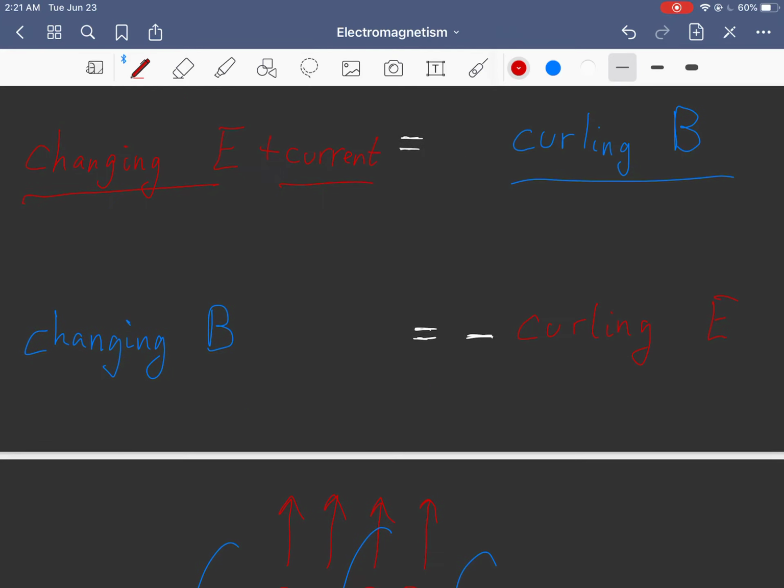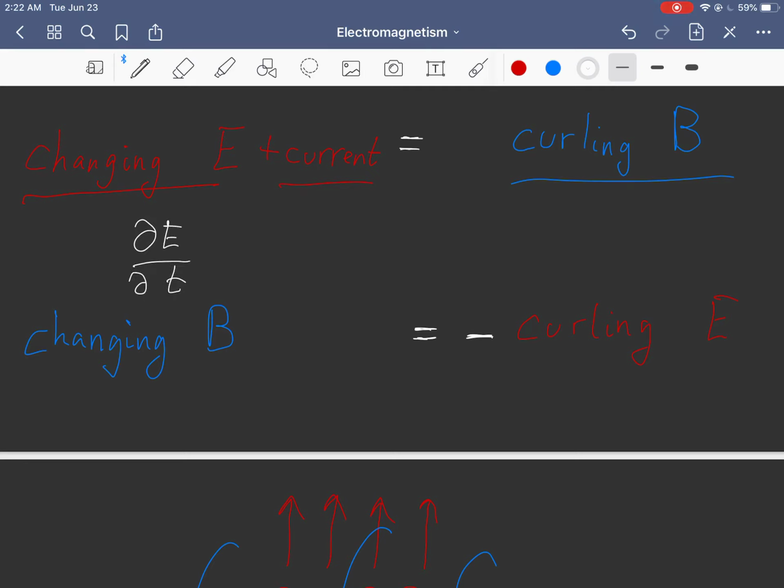So these two equations define the relationship between electric fields and magnetic fields. And physicists like to define this in a different way with more formal math. I'm just going to show it here so that if you ever see these equations, they make sense to you and aren't as scary, because a changing electric field means that the electric field changes from second to second, or in other words, it changes with time.